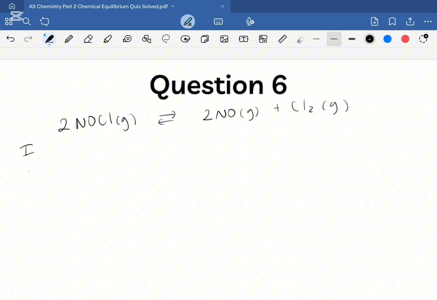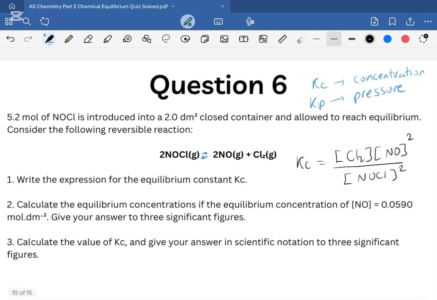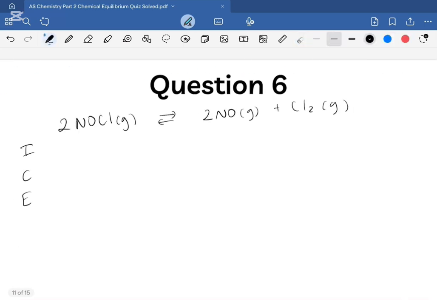And here I'm going to put ICE. Now let's first find the initial concentration for the NaOCl. They said over here that I have 5.2 moles in a 2-liter closed container, so I can use the formula n equals C times V to find the initial concentration for NaOCl.